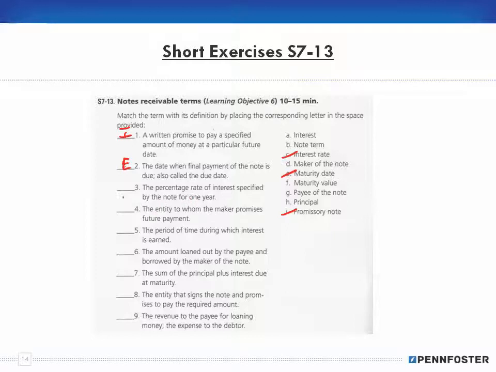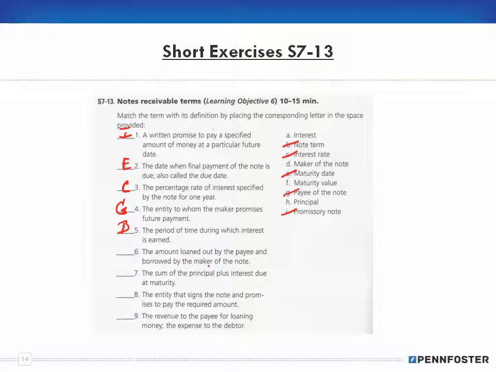That, of course, is the interest rate. The entity to whom the maker promises future payment is the payee of the note. So that's G. The period of time during which interest is earned, that's the note term, B.